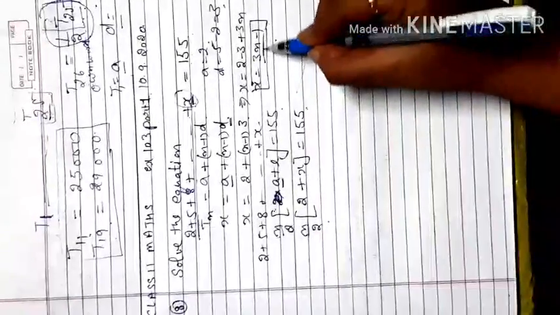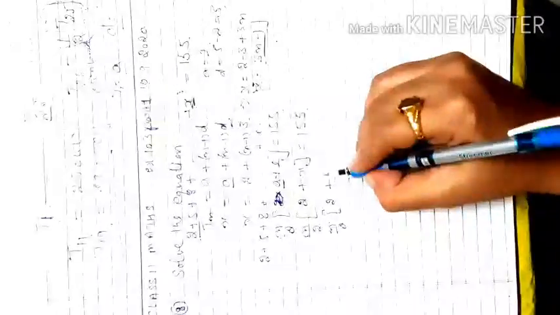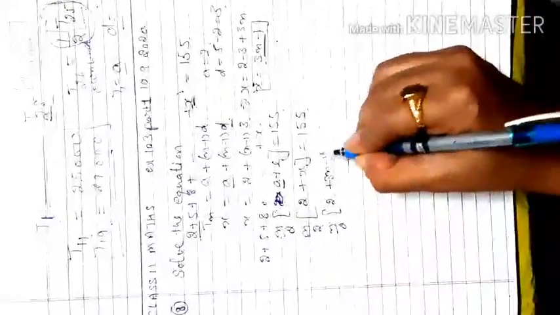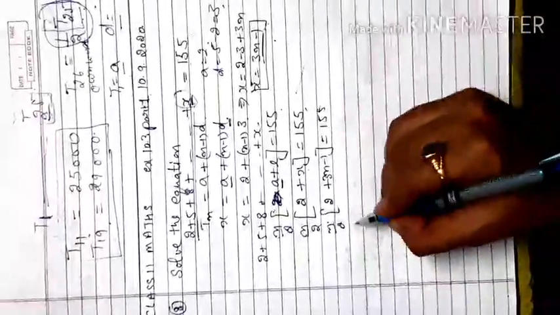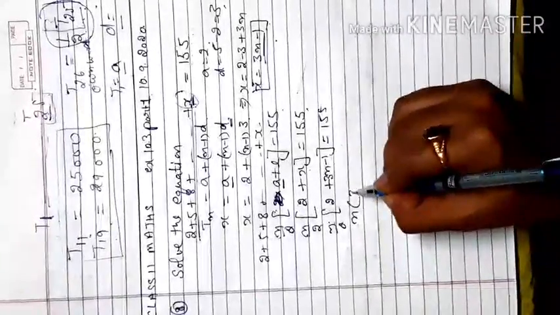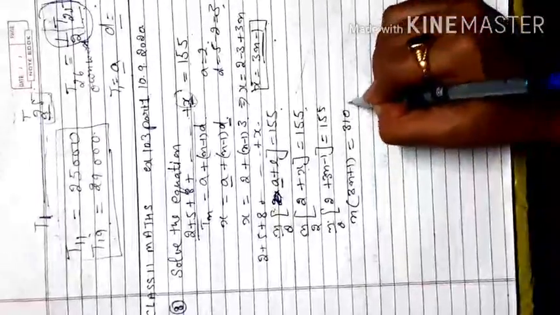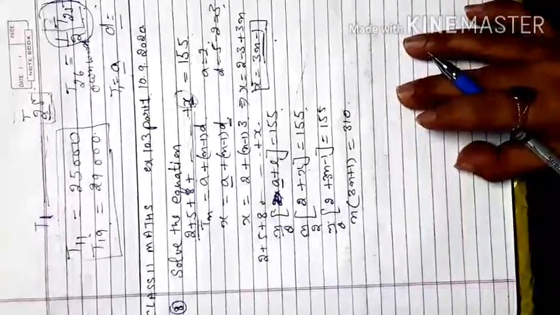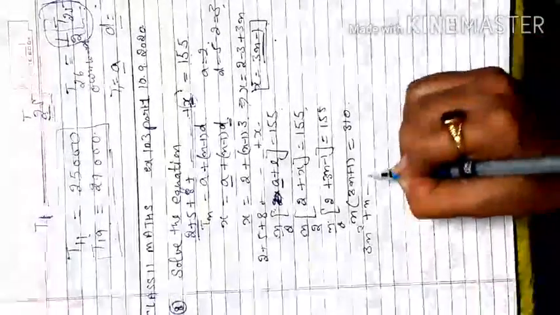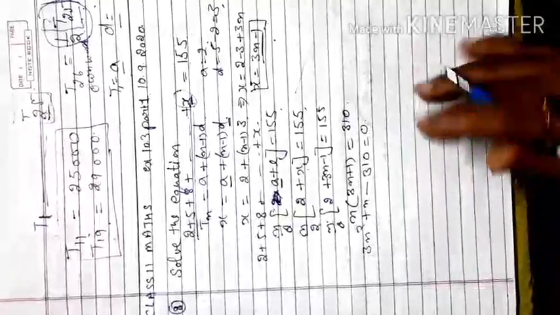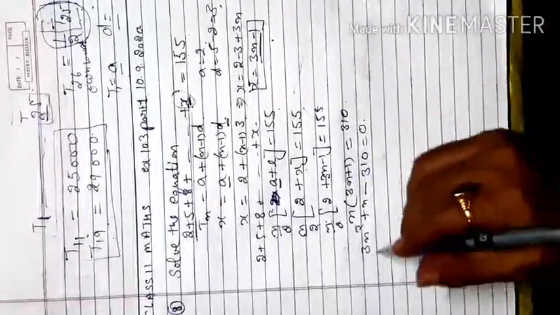We substitute this x value: n by 2 times (2 + 3n - 1) is equal to 155. Cross multiplying the 2 to the other side, n times (3n + 1) is equal to 155 × 2 = 310, and your required quadratic equation is 3n² + n - 310 = 0. Now you apply the quadratic formula to find the n value.